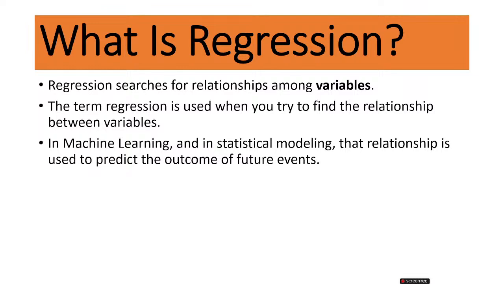So mainly when you want to identify what will happen in the future, then we are using regression. There are a lot of types of regression: linear regression, multi-layer regression. In today's class I'll talk only about linear regression, and also try to show you how you can easily predict the LST based on NDVI.